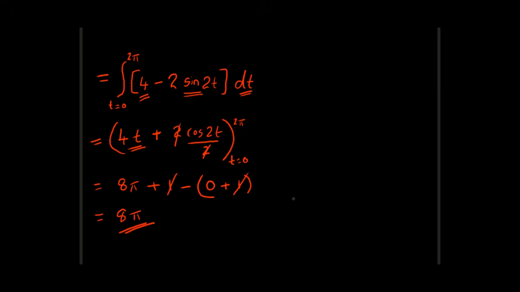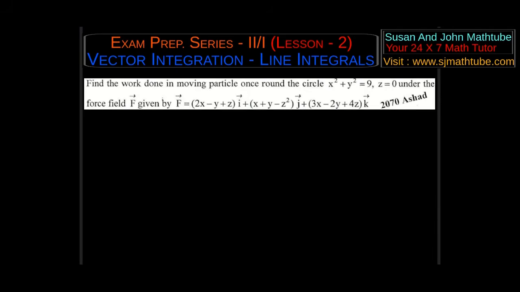Now let's move on to the next question. This question is from 2070 and it's of the same type, and since it's of the same type, you should give it a try. So I'll write the parametric form. It's the same thing which we did.